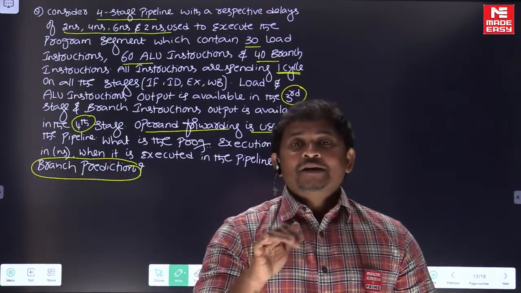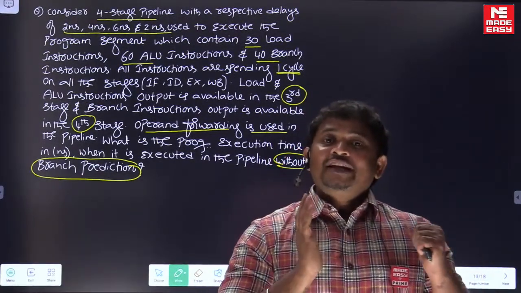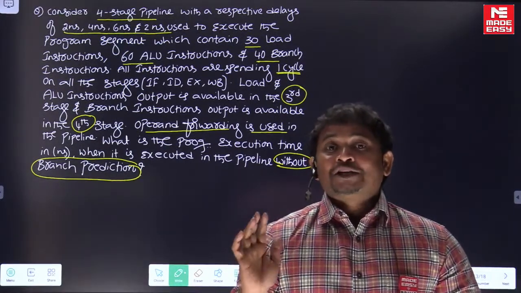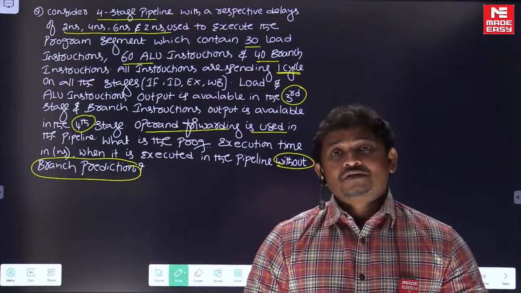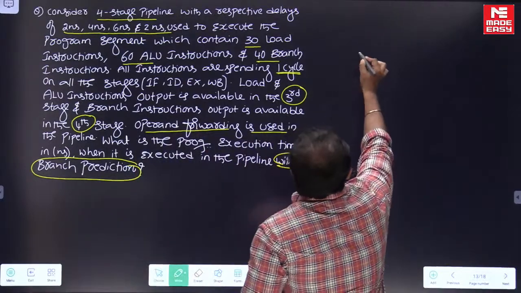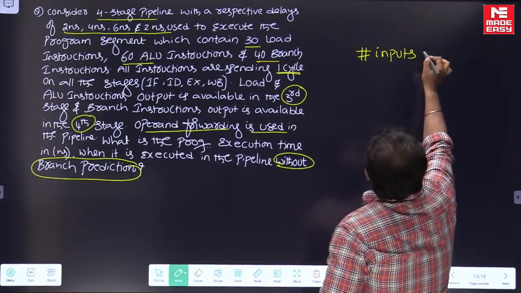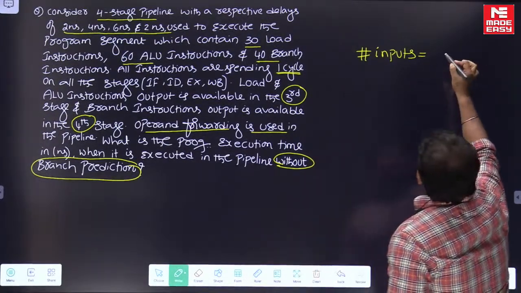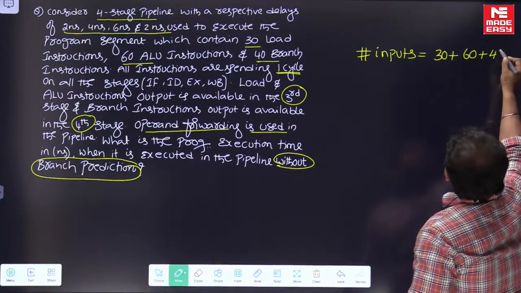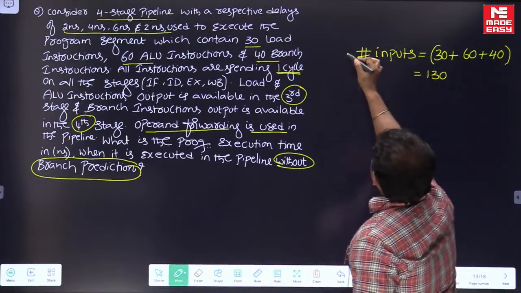Stalls are created only by branch instructions. Now find the number of instructions: 30 plus 60 plus 40. Total 130.